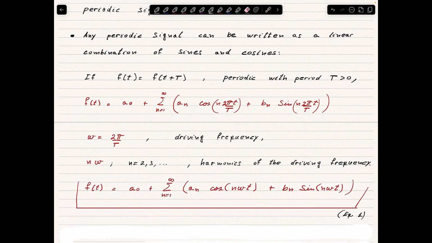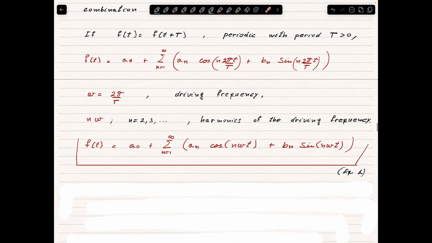So this type of decomposition of the original periodic signal in terms of cosines and sines and the constant term is what we call the Fourier expansion of the function in terms of the Fourier functions.